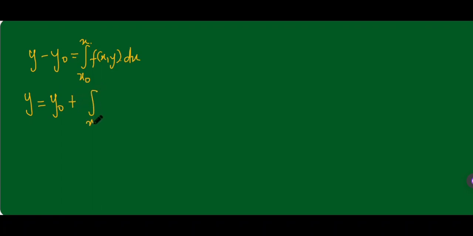So moving on, we have y minus y naught is equal to the integral of f(x, y) dx from x naught to x. Now by adding y naught to both sides, we have y will be equal to y naught plus the integral from x naught to x of the function f(x, y) dx.